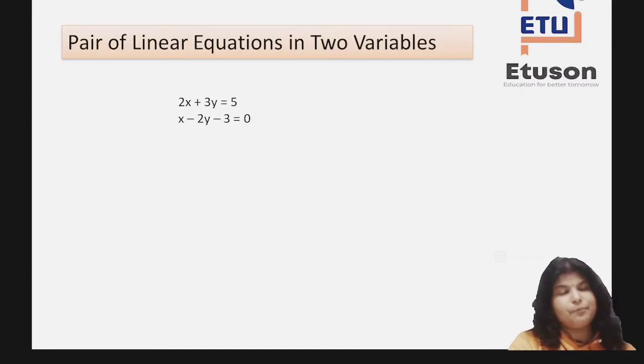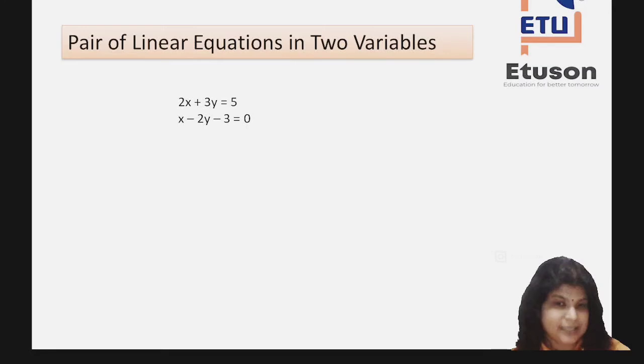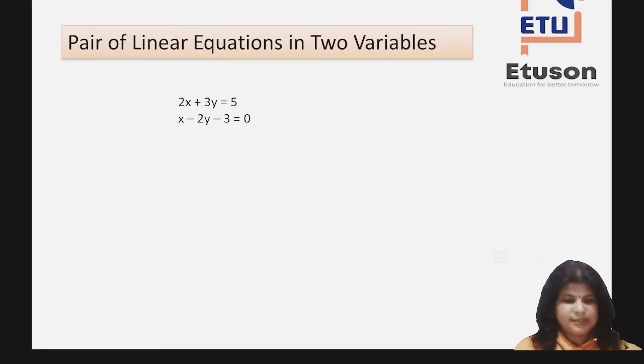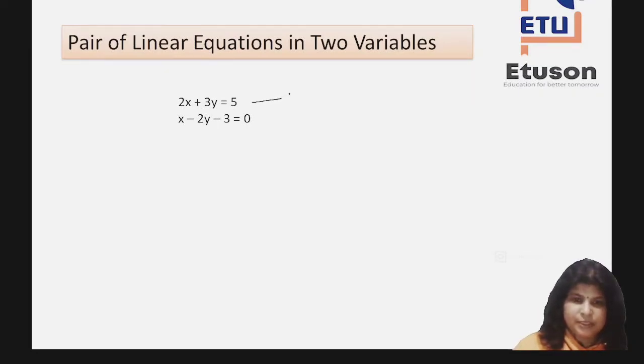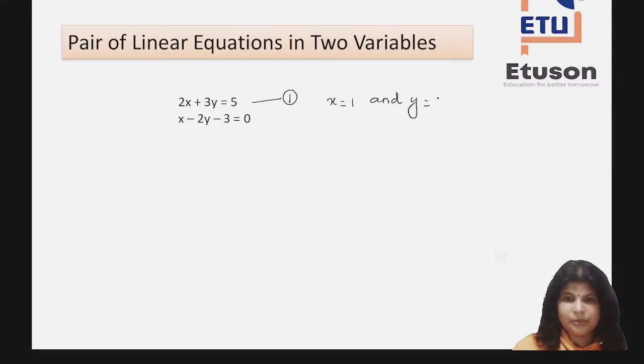So this is a pair of linear equations, and you can see in the pair of linear equations the left hand side is equal to the right hand side. So let us take some value. So let, for the first equation, x is equal to 1 and y is equal to 1.